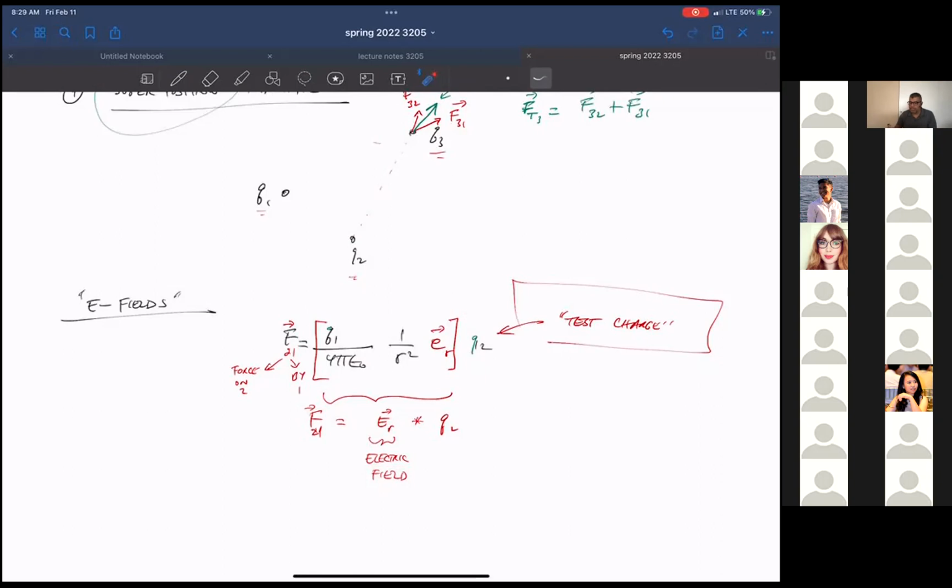So again, the upshot is nothing new in this electric field. We just took all the stuff, the charge that's creating the electric field and all the information about the vector, everything other than the charge that the force is acting on, we took that out and called everything else electric field.